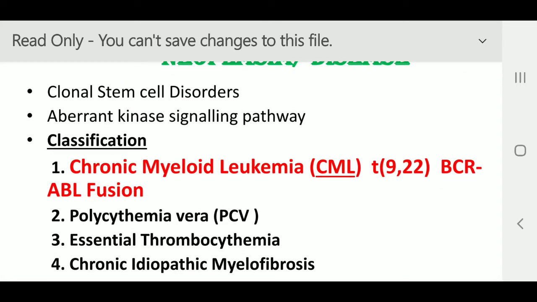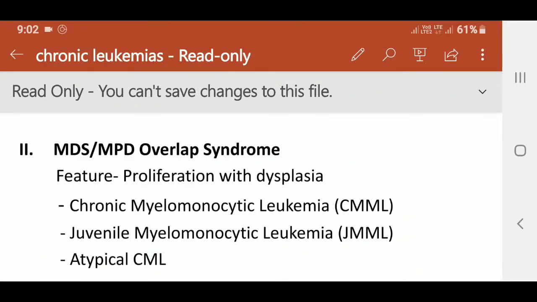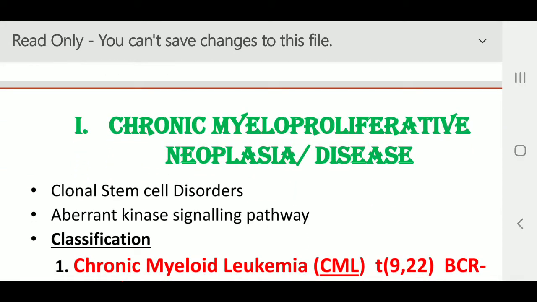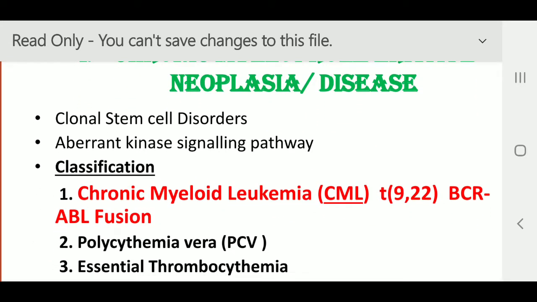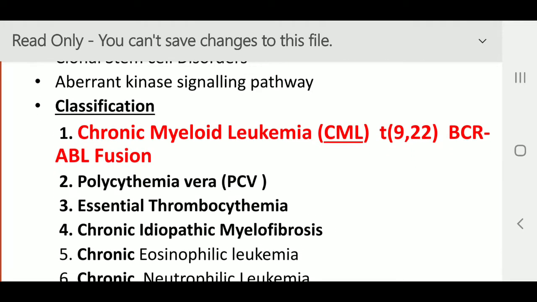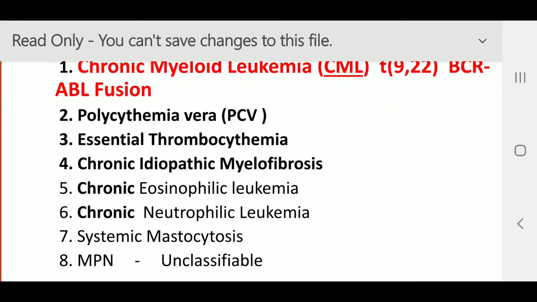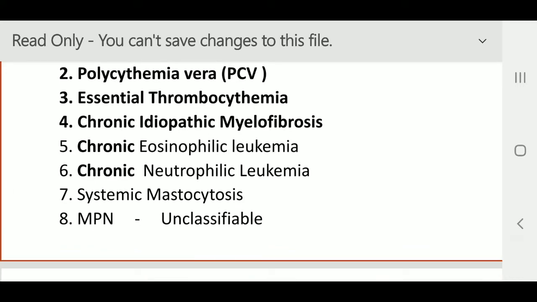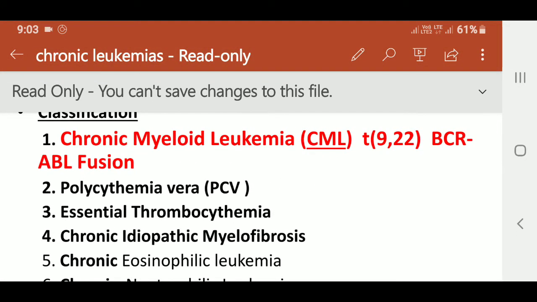Now coming on to CML. CML falls under the spectrum of chronic myeloproliferative disorders. Along with CML, you have polycythemia vera, essential thrombocythemia, chronic idiopathic myelofibrosis, chronic eosinophilic leukemia, chronic neutrophilic leukemia, systemic mastocytosis, and MPD unclassifiable. The important feature of chronic myeloid leukemia is that there is translocation of the chromosomes between 9 and 22, leading to the formation of the BCR-ABL fusion gene, known as the Philadelphia chromosome.